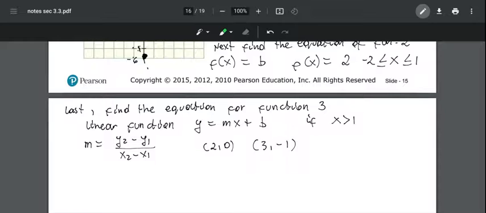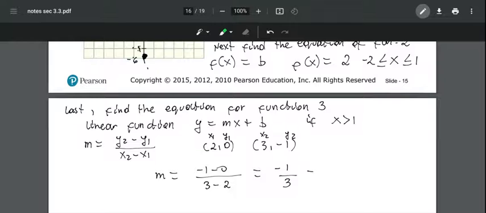Okay, so x1, y1, x2, y2. The slope is equal to y2 minus y1, so -1 minus 0, divided by x2 minus x1, which is 3 minus 2. So we have -1 divided by 1. This is the slope.